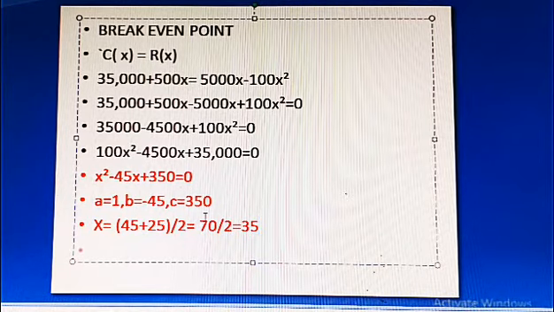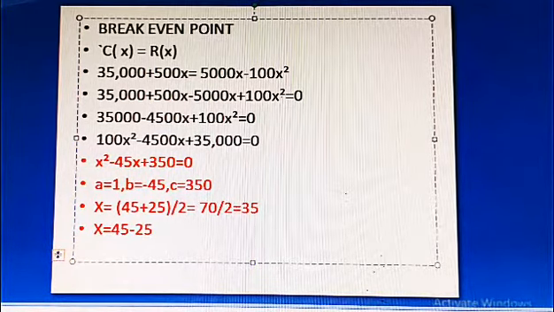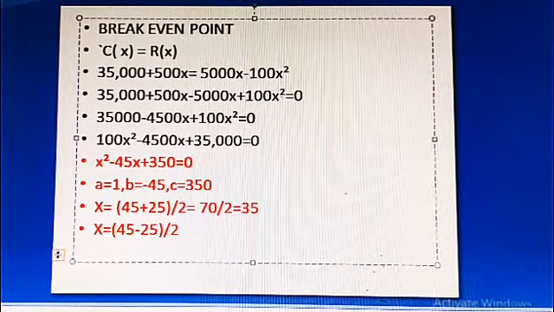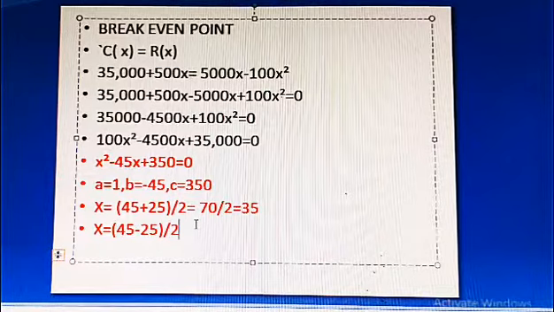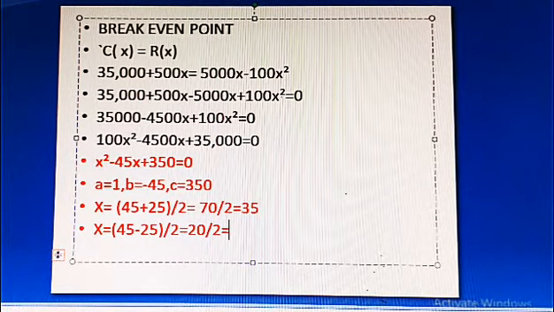Okay, the next answer is for x is equal to 45 minus 25 divided by 2. Correct? You are going to subtract these two terms. So when you subtract 45 minus 25, what will be the answer? You will get 20 divided by 2. Tell me quickly, what is 20 divided by 2?